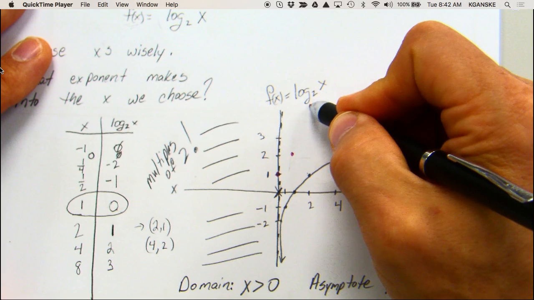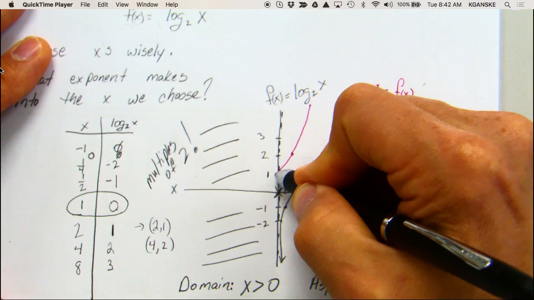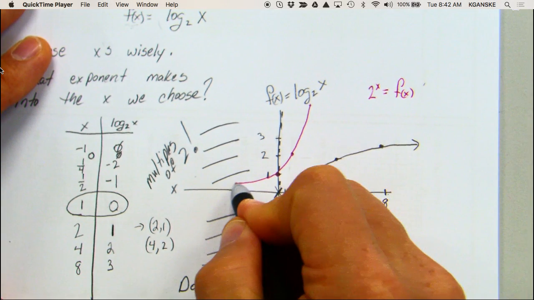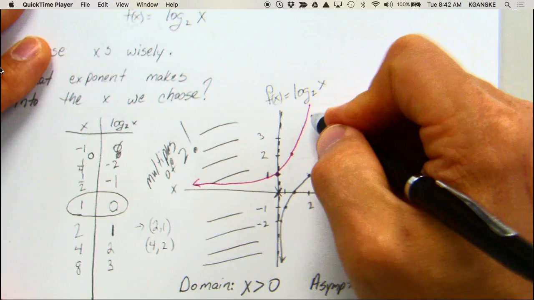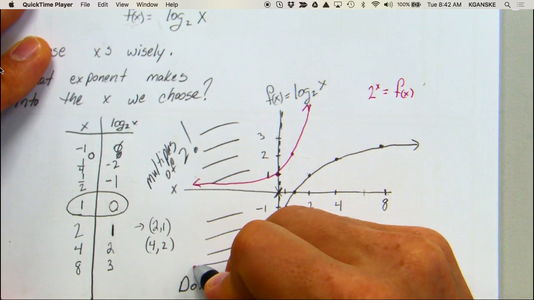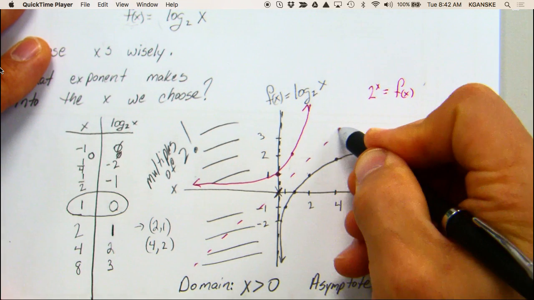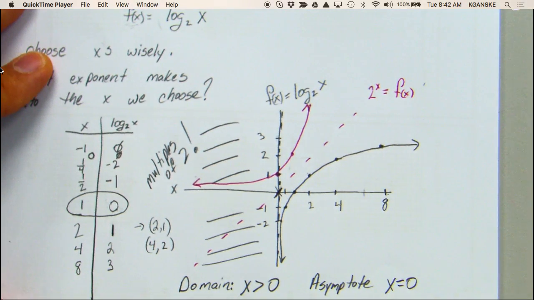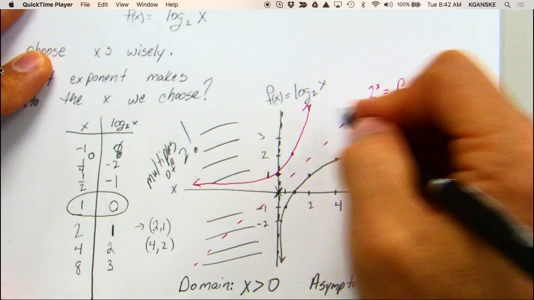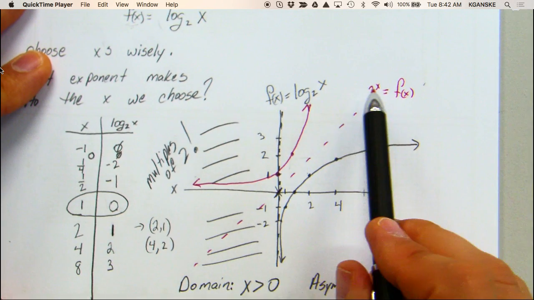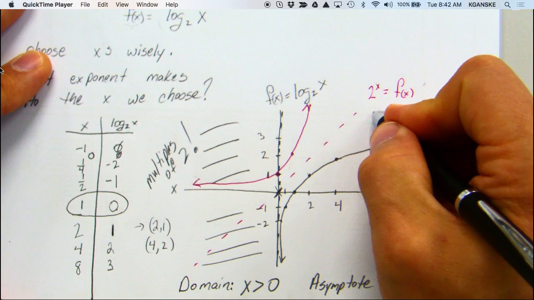I'm going to end up with this picture, where y is equal to x is my axis of symmetry. These two graphs are inverses.